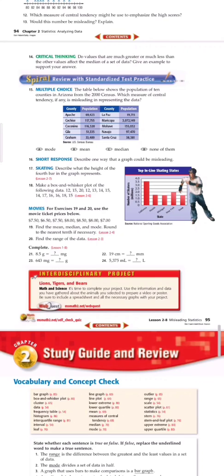Find the median and mode to the nearest tenth if necessary. 20. Find the range of the data.